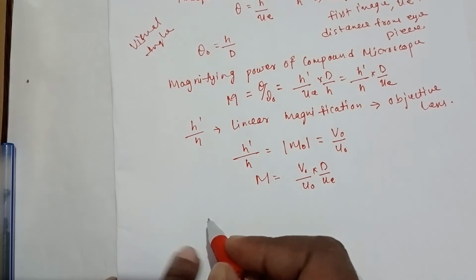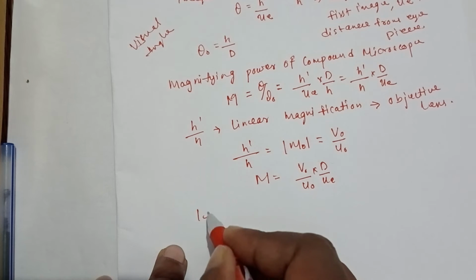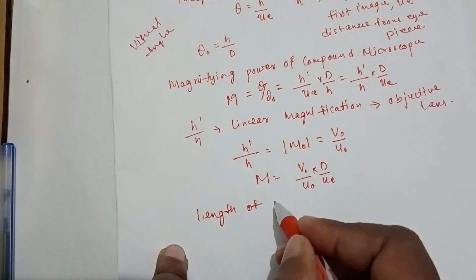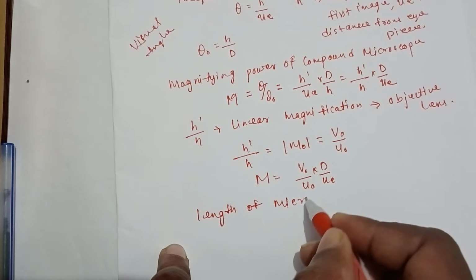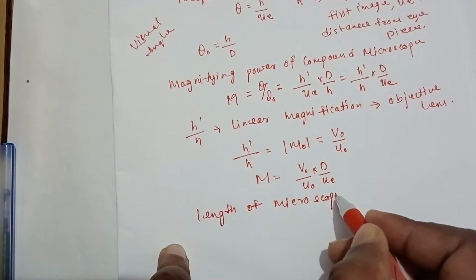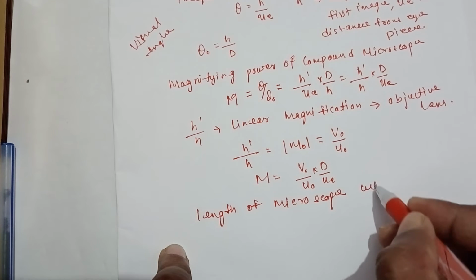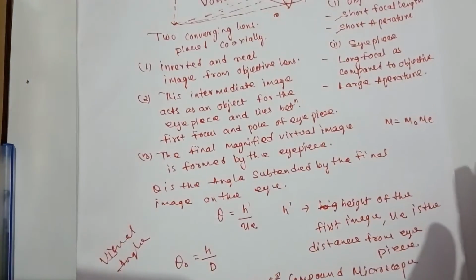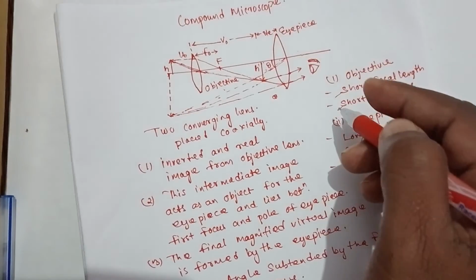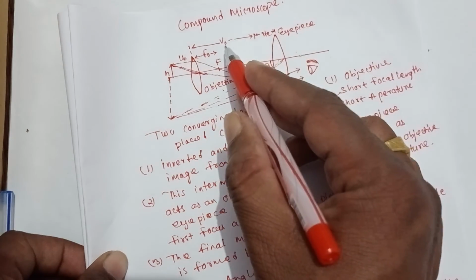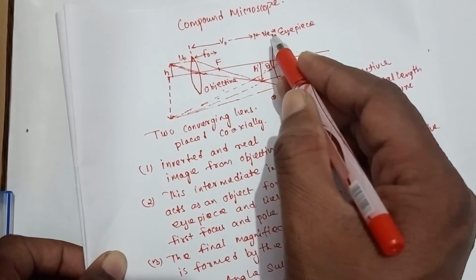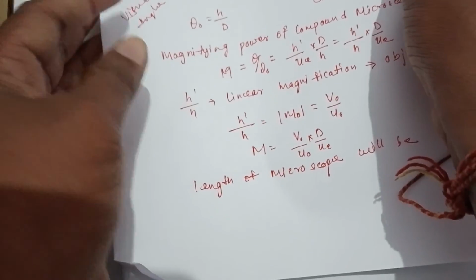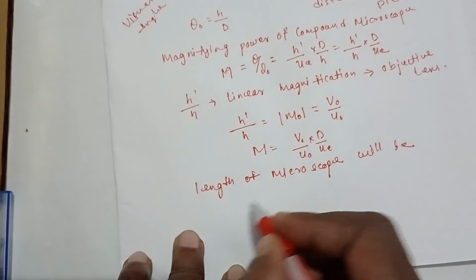Next we have to calculate the length of the microscope. We can get it from this figure: V naught plus Ue is the length of the microscope, right?